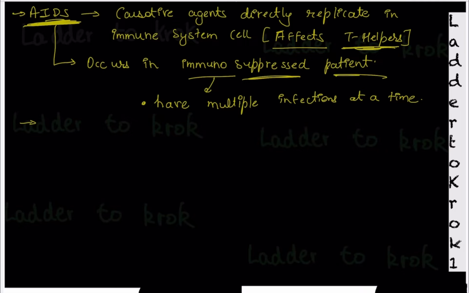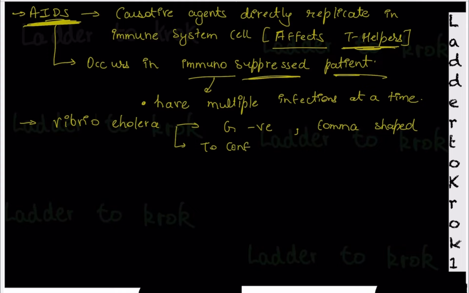Now the second point is Vibrio cholera. Vibrio cholera is gram negative and comma shaped. To confirm diagnosis, we do one test, that is motility.